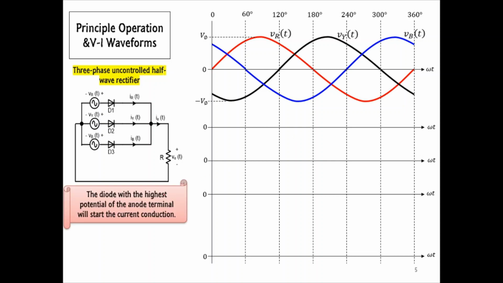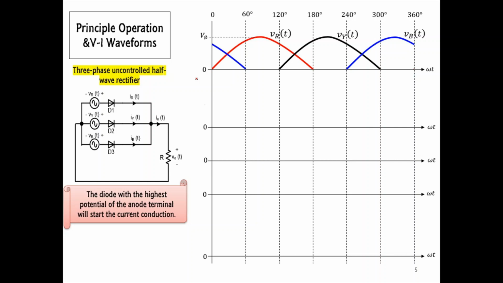Typically, the diode with the highest potential at the anode terminal will start the current conduction. Before we analyze the waveforms, I will remove the negative half cycles to make our analysis easier.